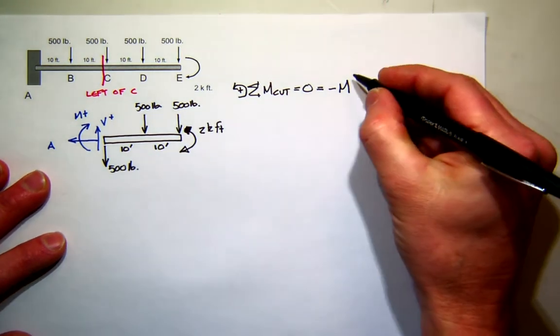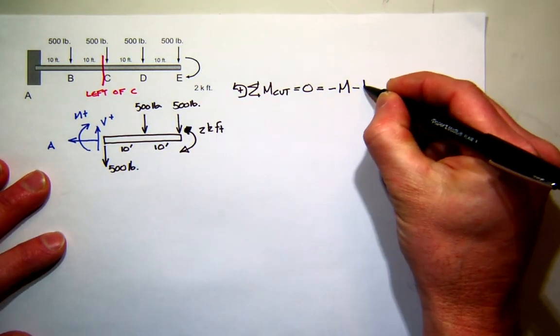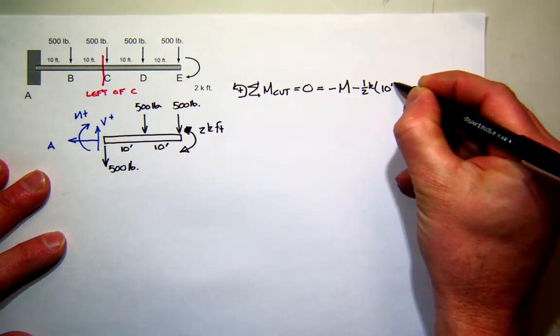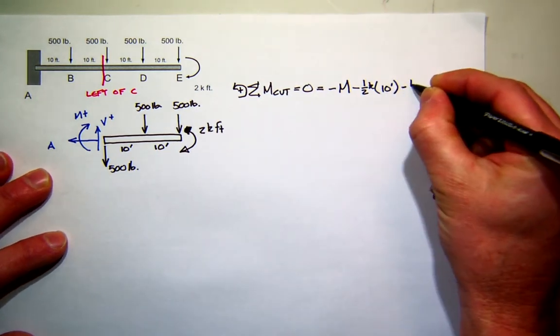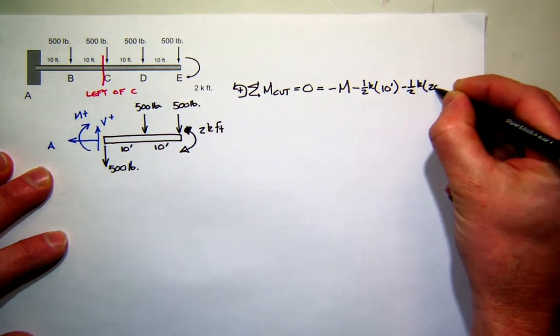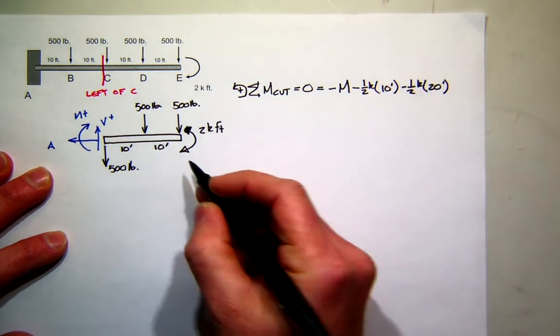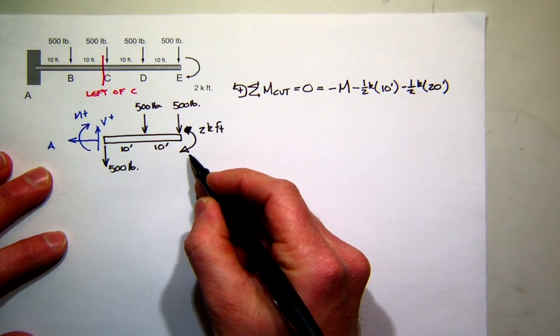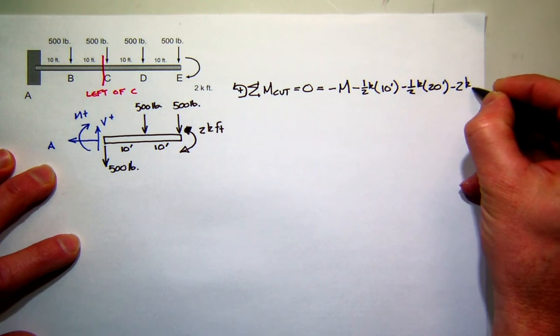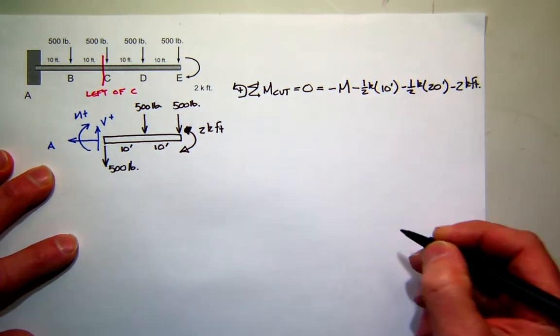Negative. So I'll have minus, I'm going to change that to kip. So I'll have half a kip force at 10 feet and another half a kip force at, what's the moment arm there? 20 feet. And then down here on the end I have the applied moment, which is also negative, and that's 2 kip feet.